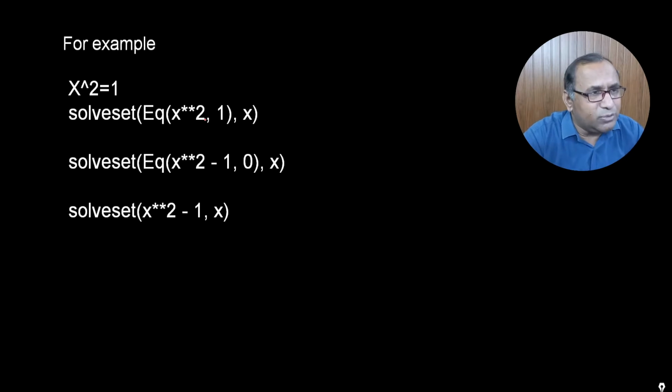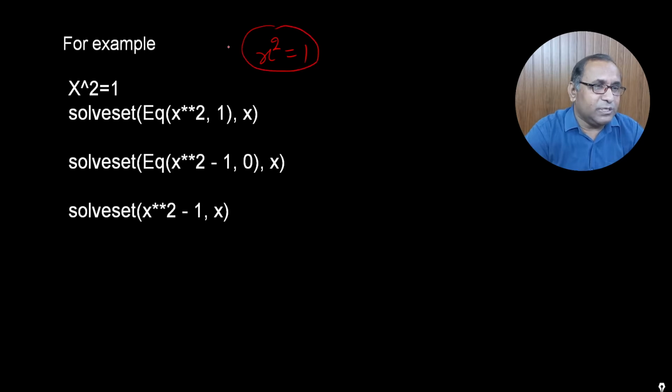We want to solve the equation. First we use the equation function to write the equation, and then we will use the solveset function. For example, we have the equation x square is equal to 1, and we want to solve this equation.